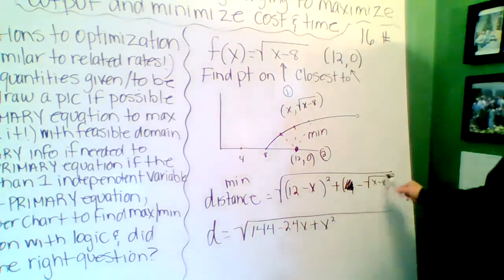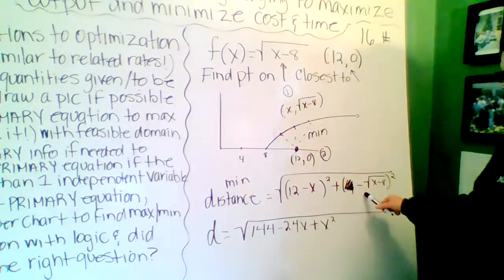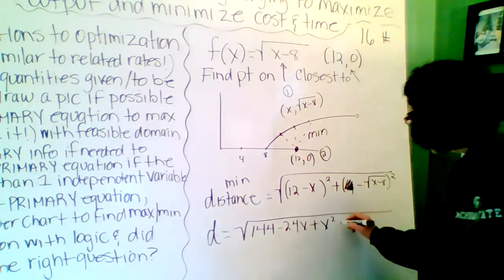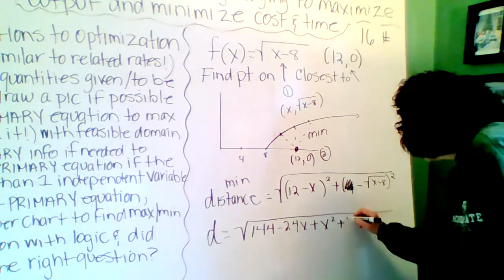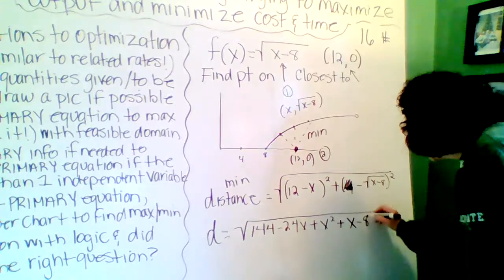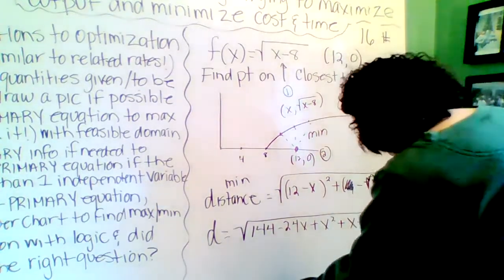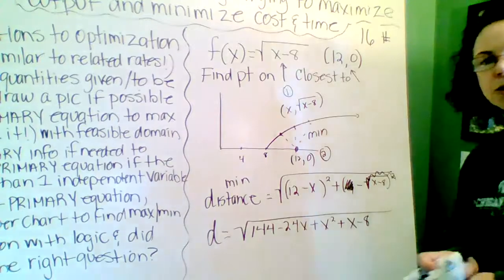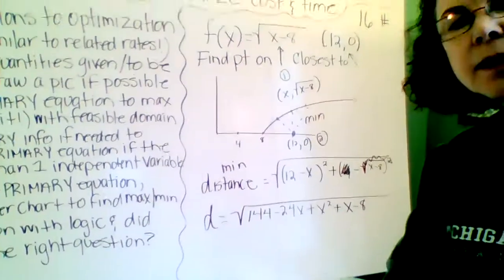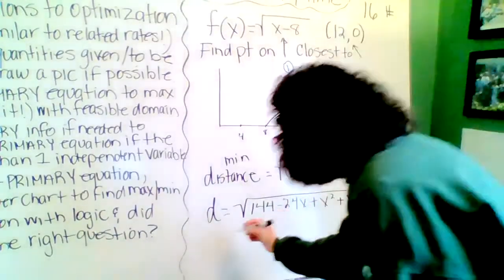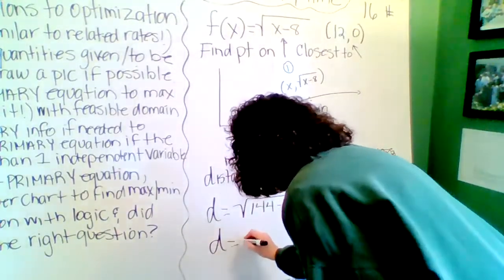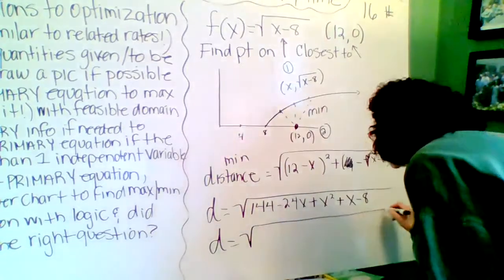And when I square this negative, it becomes positive. And when I square the square root, I get x minus 8 left, right? Because the squared and the square root cancel. This is interesting. But let's just clean this up a little bit more, and then let's talk about it.